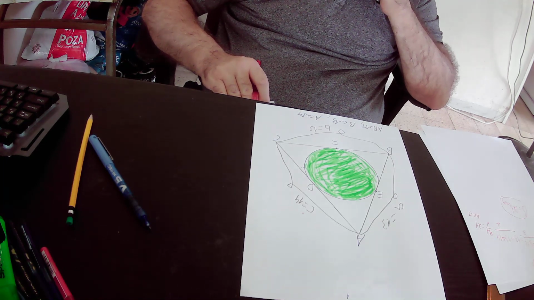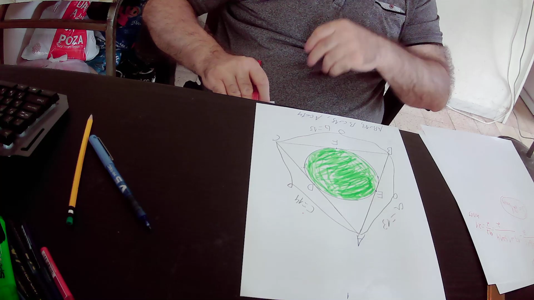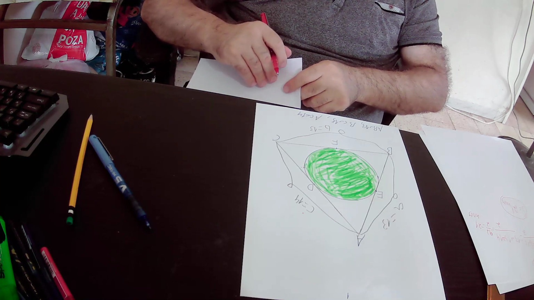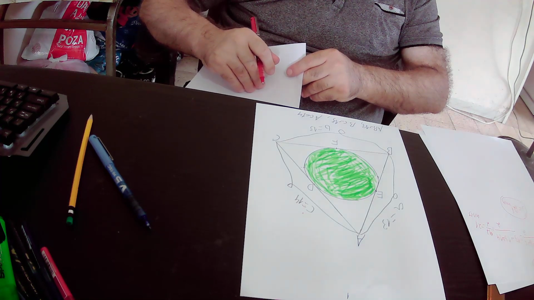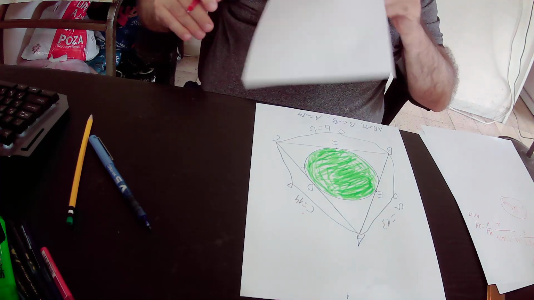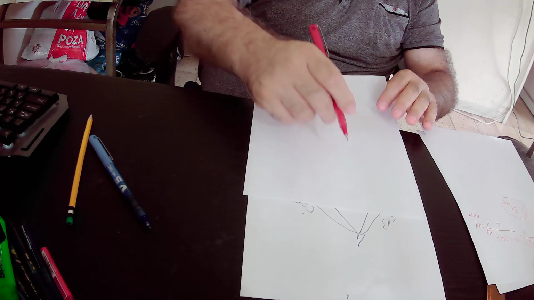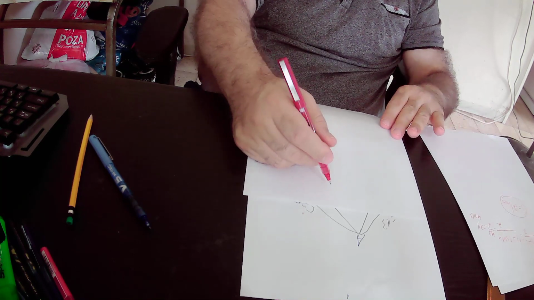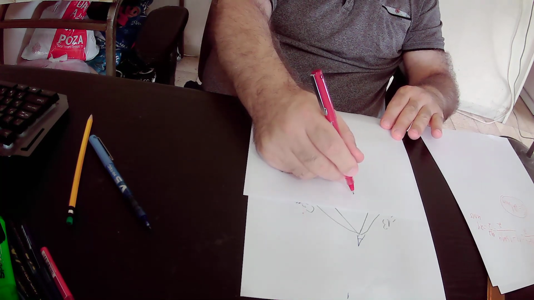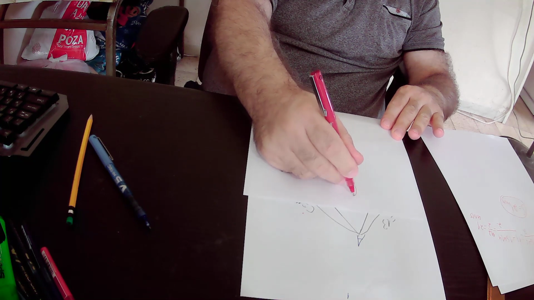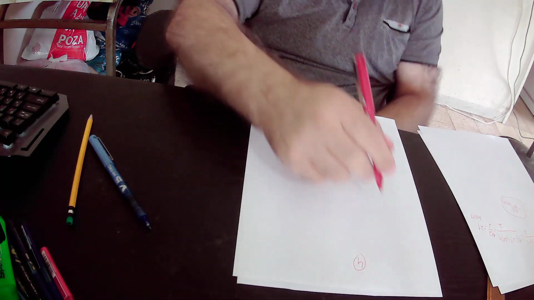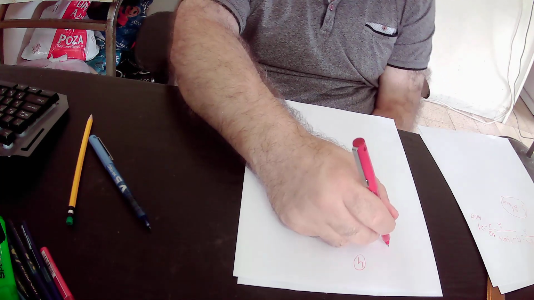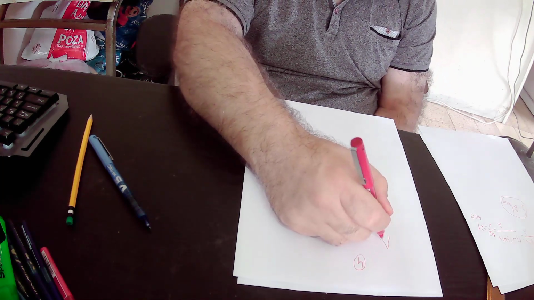The new formula that I will present you is the area of any triangle. A is an abbreviation for area.